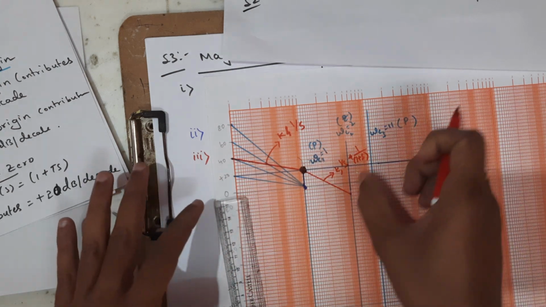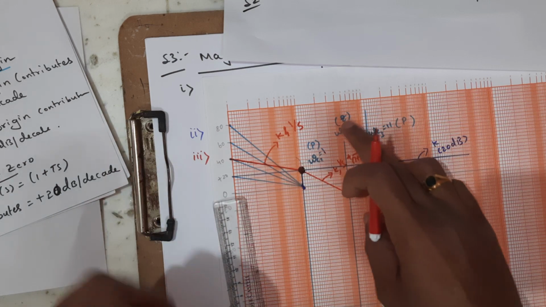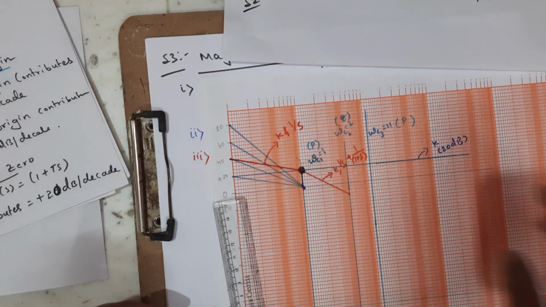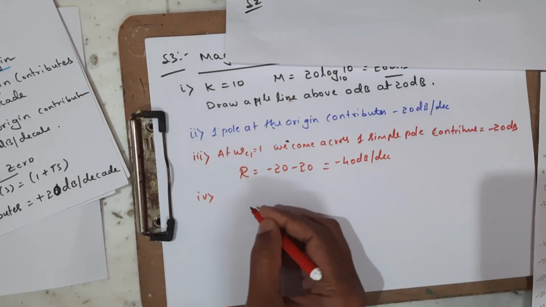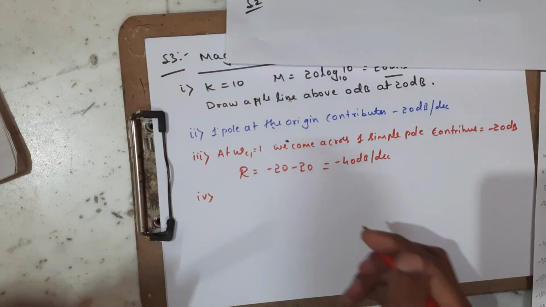So at omega c2, that is corner frequency 2, what is this? This is due to a simple zero. What is the fourth factor?